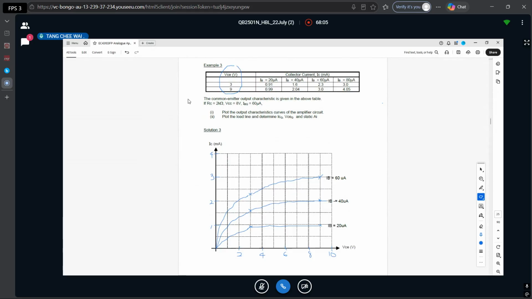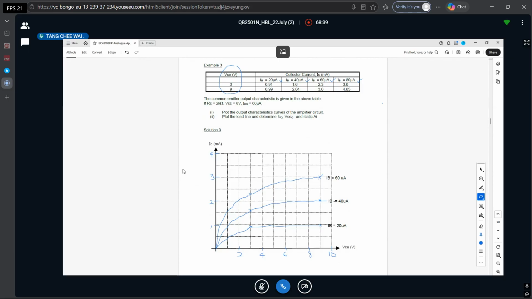Whatever value they give you, you just take note. So it's 3 volts and 9 volts. Now, this second row, you see that there are different values of IB: 20 micro, 40 micro, 60 micro, and 80 micro. Take note first. These are the base current.